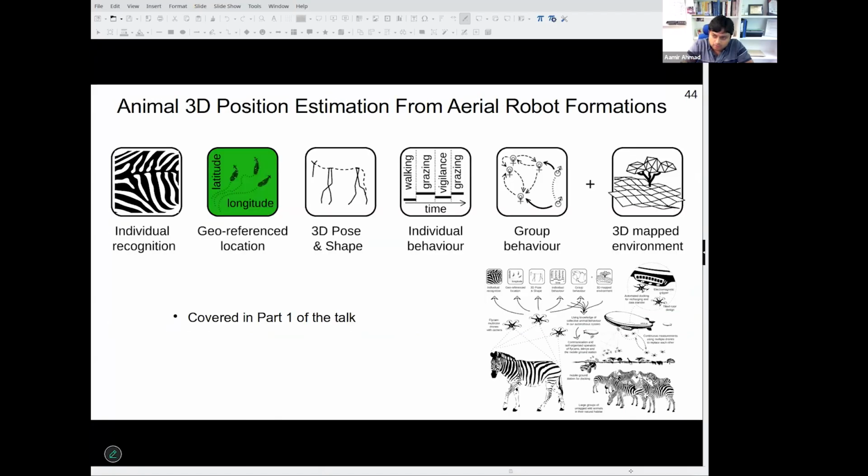Okay, so once we have addressed the high level control part of the problem, let's look at what the perception tasks are in this project. There are many. The first one is the 3D position tracking of the animals, which is now one-to-one translated, except for the motion model case, which by relaxing to constant acceleration, to some extent, we can still apply our tracking methods that we have developed.